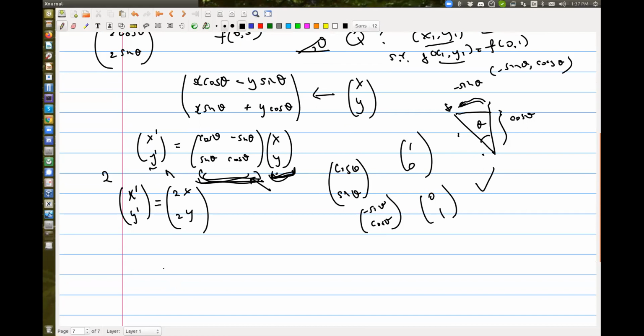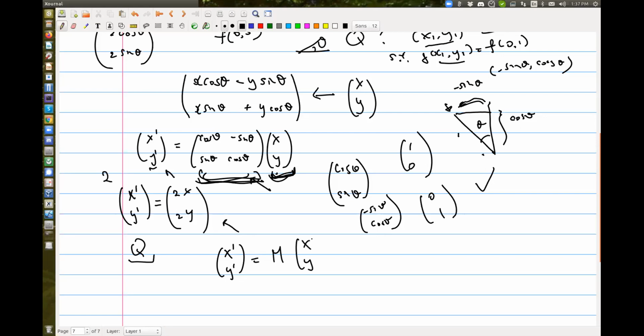If I want to scale it, can I write it in matrix form? Do you think you can write it in matrix form? If I want to scale this by 2 times, can I also have x', y' equal to some matrix multiplied by x, y? Let's call it a scaling matrix, m is okay.